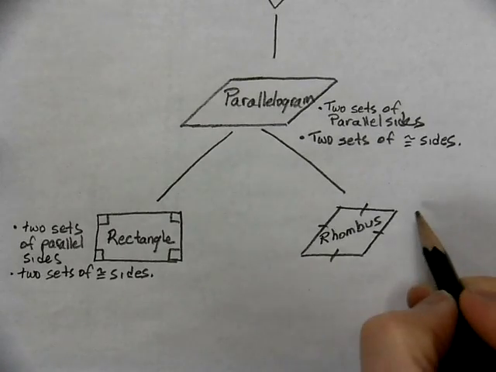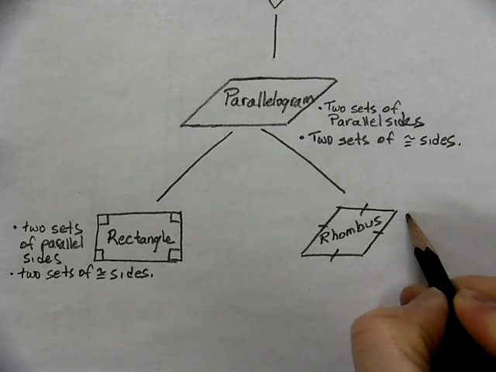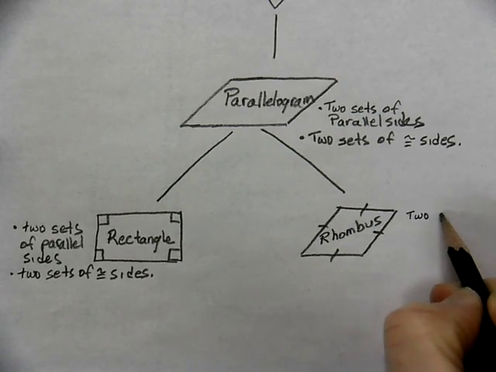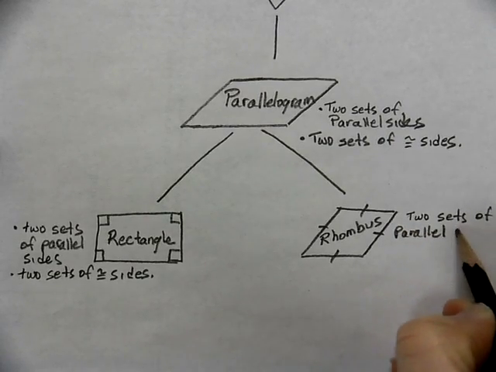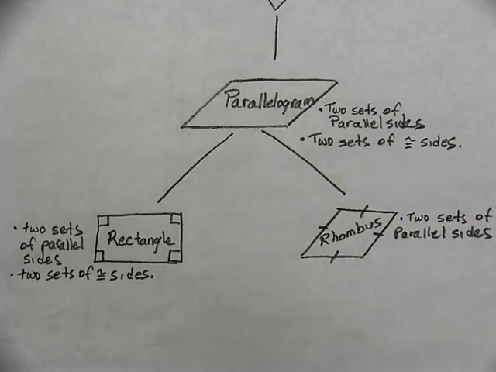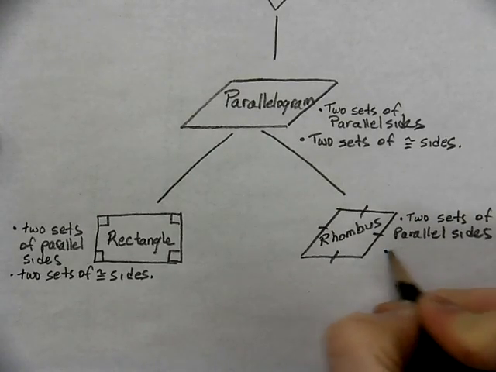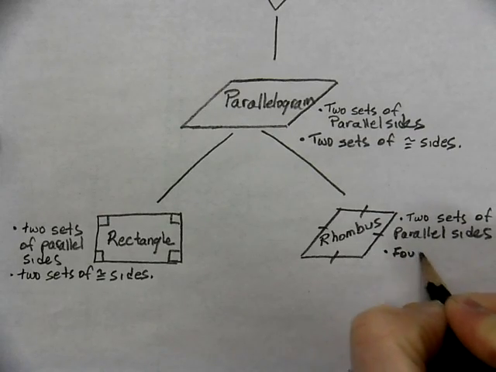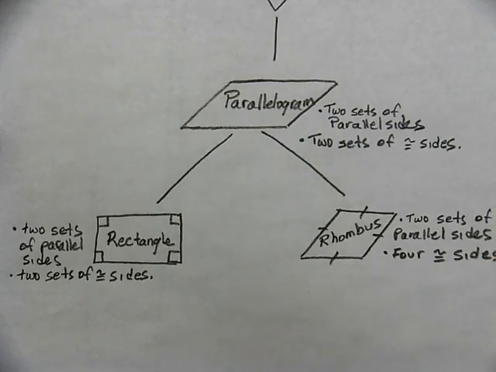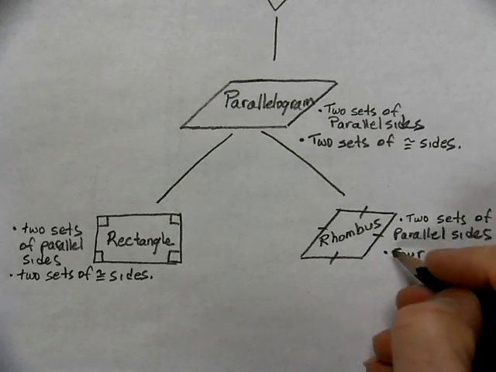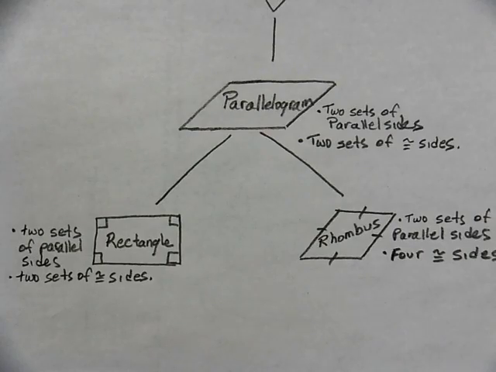We have two sets of parallel sides, we know that, and we have four congruent sides. True, we have two sets of opposite sides that are congruent, but four congruent sides kind of implies that.